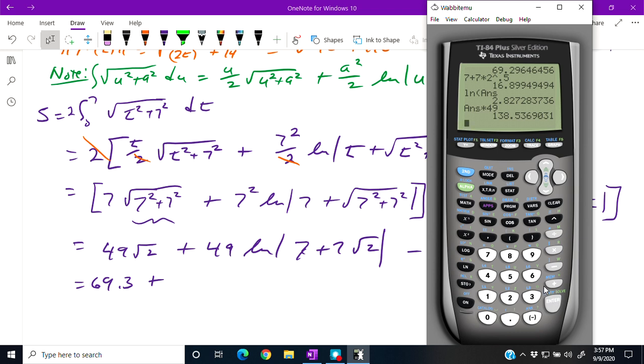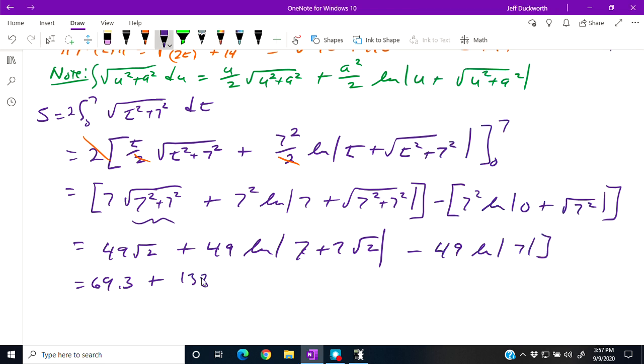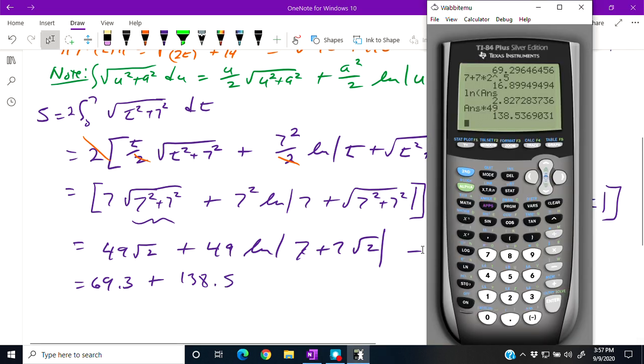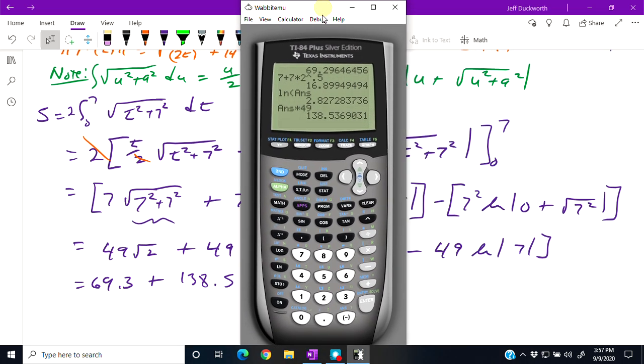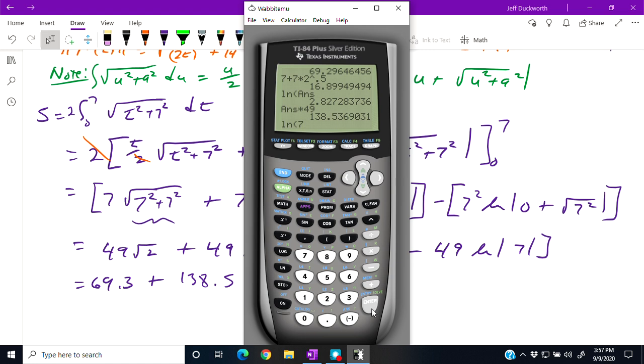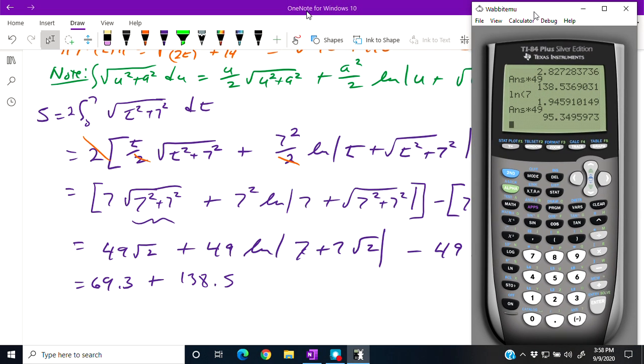So 138.5-ish. And finally, we're going to take the natural log of 7, multiply that by 49. So we get negative 95.3-ish.